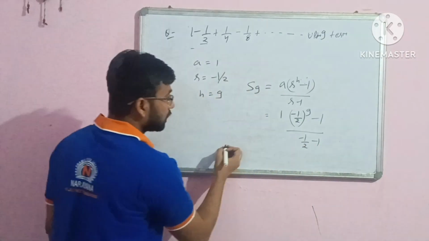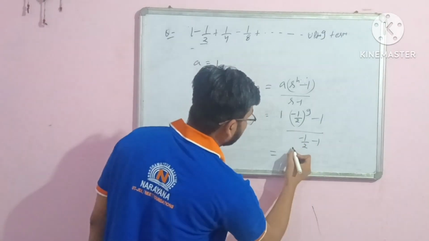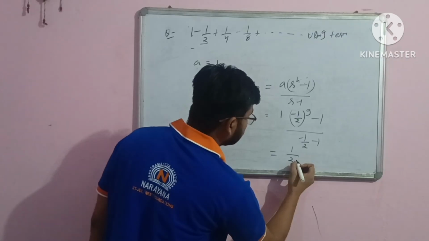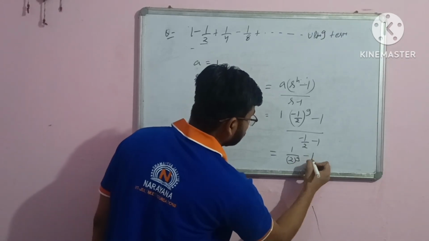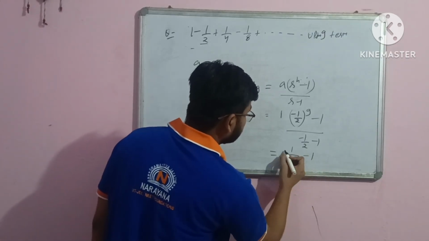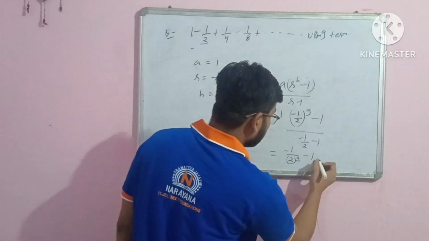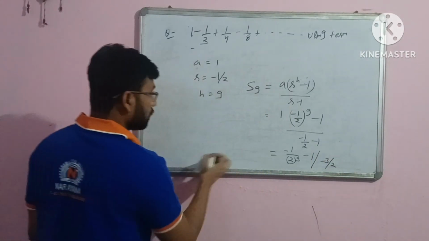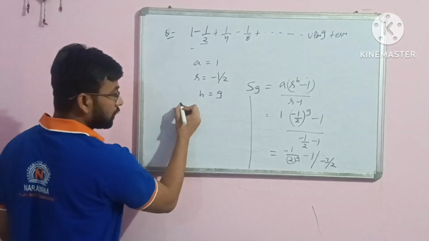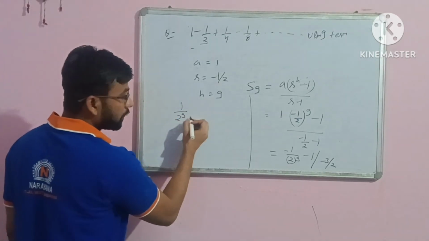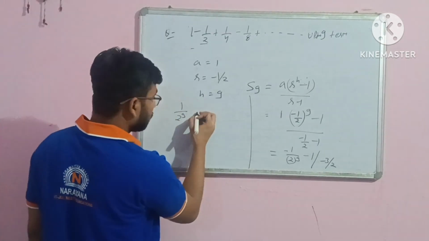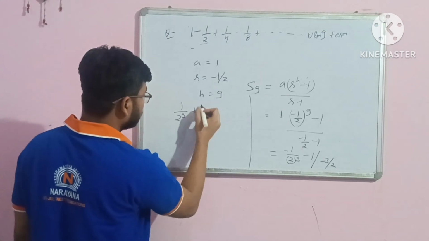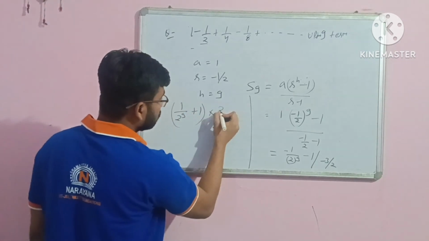So here we will get upon minus 3 by 2. So here we will get 1 upon 2 to the power 9 plus 1, into 2 by 3.